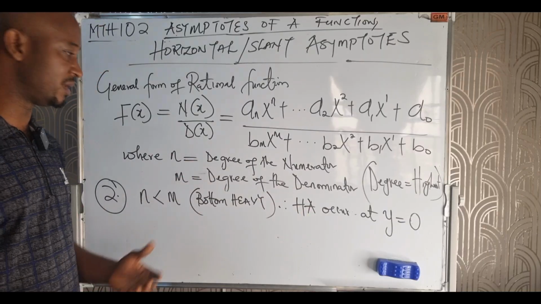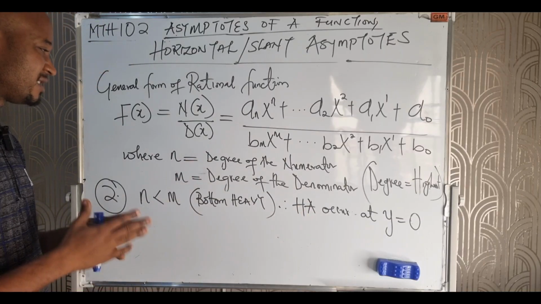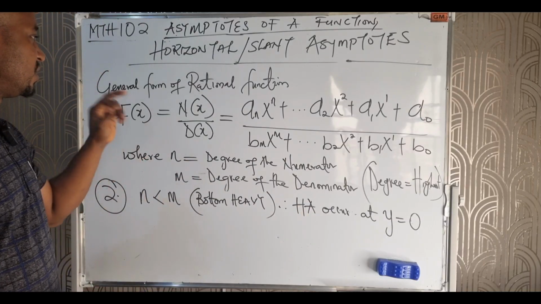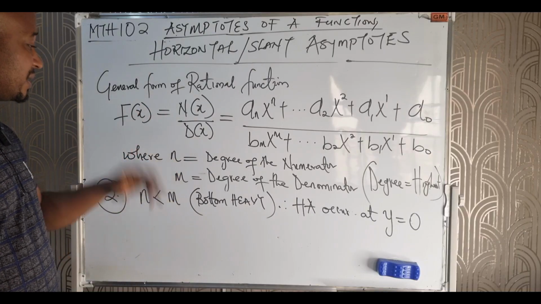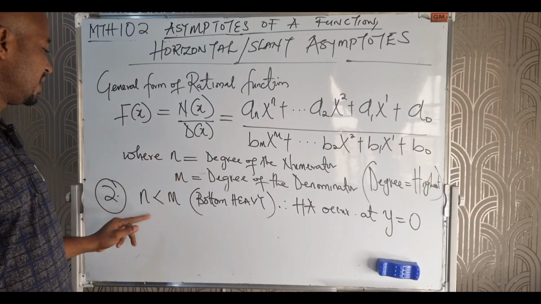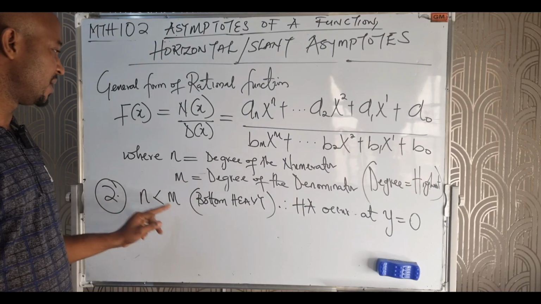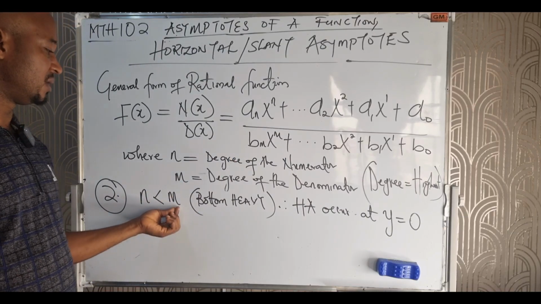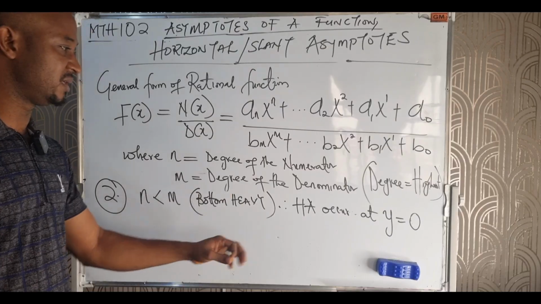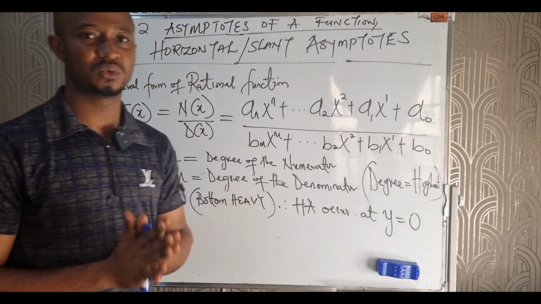Degree means the highest power. So if n is less than m, the degree of the numerator is less than the degree of the denominator, meaning bottom AV, and HA occurs at y equals 0.